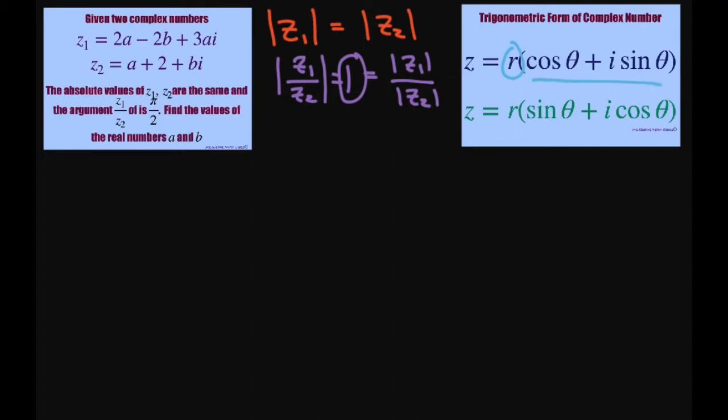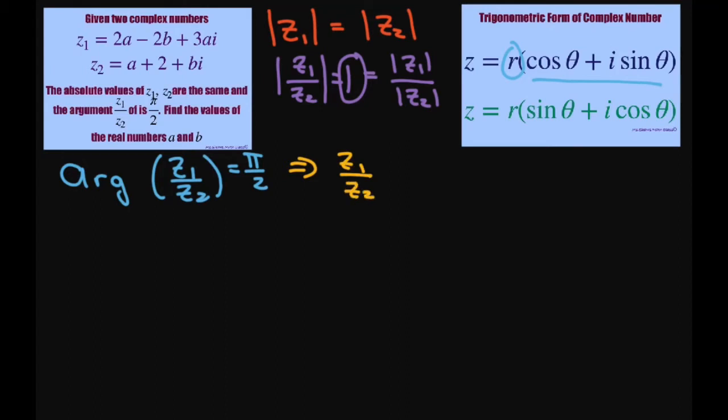Now, the argument part of z sub 1 divided by z sub 2 equals pi divided by 2. So when I write this out, I get z sub 1 divided by z sub 2 equals r, which is just 1, times cosine of my angle, pi divided by 2, plus i times sine of pi divided by 2.